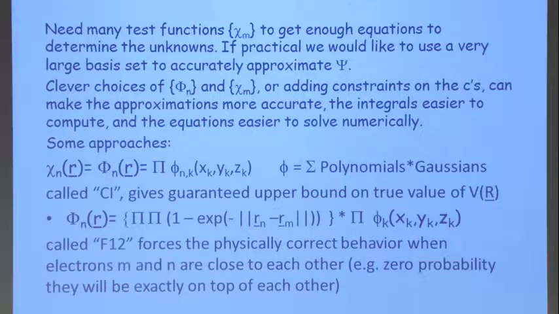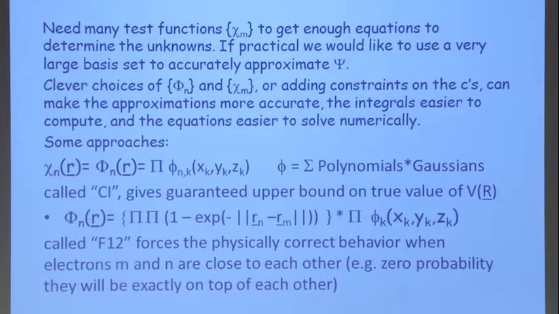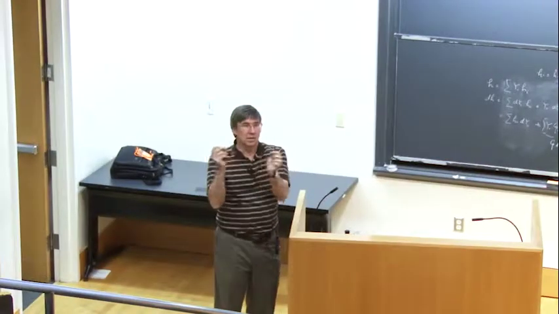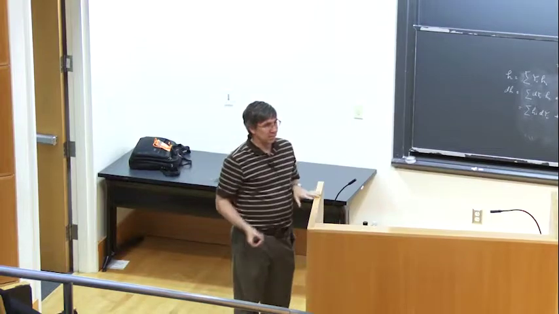So this is like a function that you multiply in that just puts zeros on top of all your infinities. And if you use the right unit system, this actually turns out to drop off the right way. So it's not just exactly at the point when they hit each other, but even close to that, what's called the cusp, when the two electrons are on top of each other. It gets rid of the cusp.